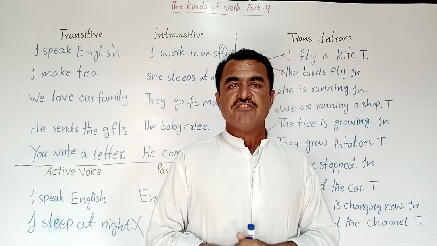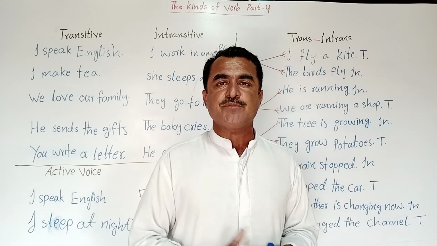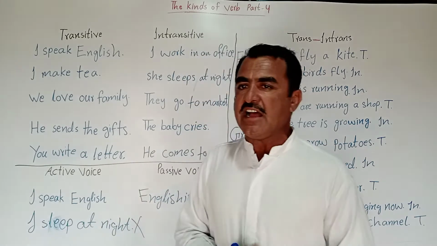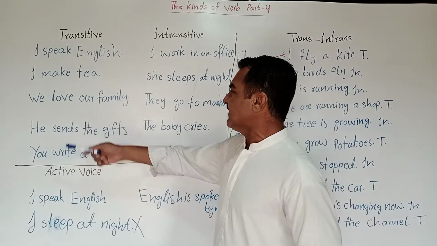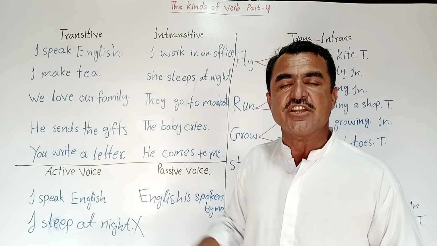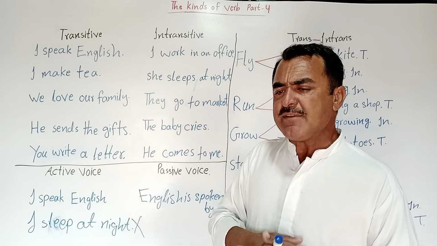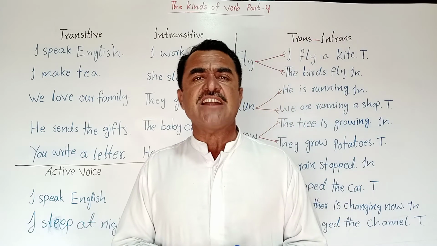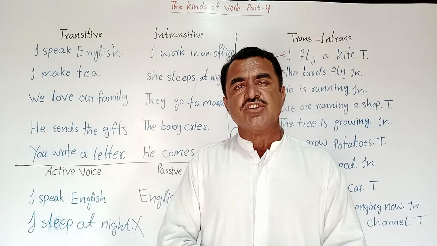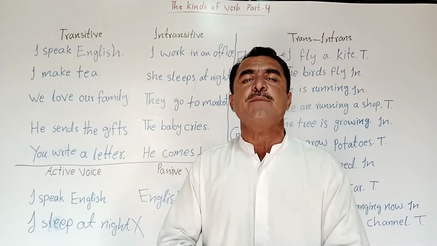The second sign is that transitive verbs directly reach the object without a preposition. Sometimes maybe there are exceptional cases, but not mostly. Mostly transitive verbs do not need any prepositions.